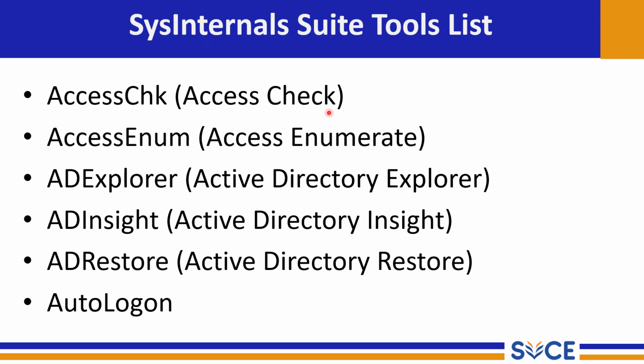So this tool provides a full view of the file system and registry security settings within seconds, making it the ideal tool to help find security holes and lock down permissions wherever necessary.